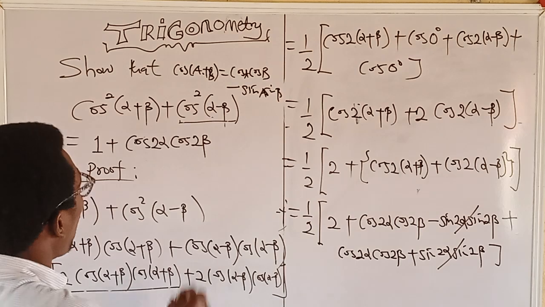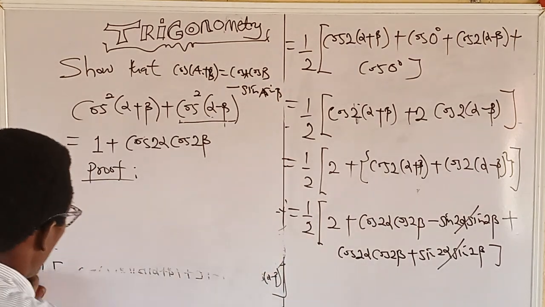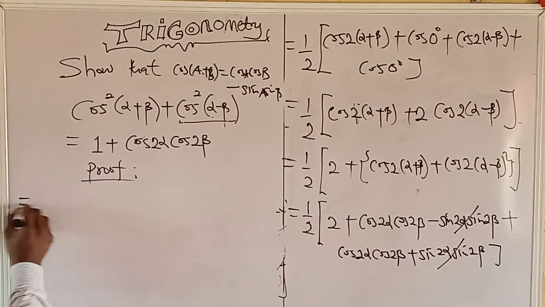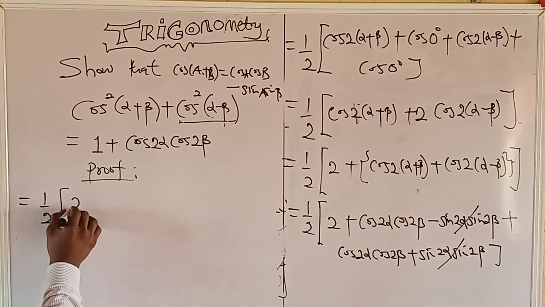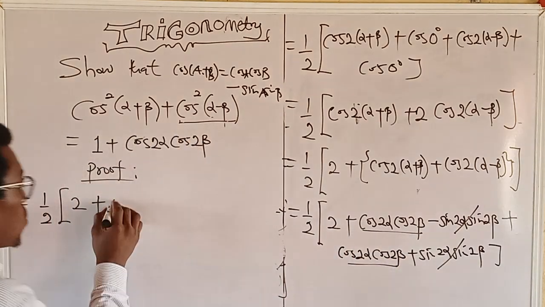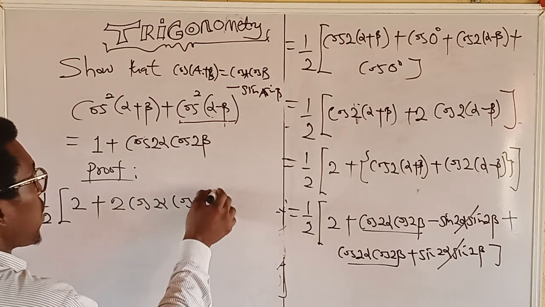So I can come here. Let me erase this from here. This becomes half of 2 plus. If you add up these two terms, you will have 2 cos 2 alpha cos 2 beta, all right?